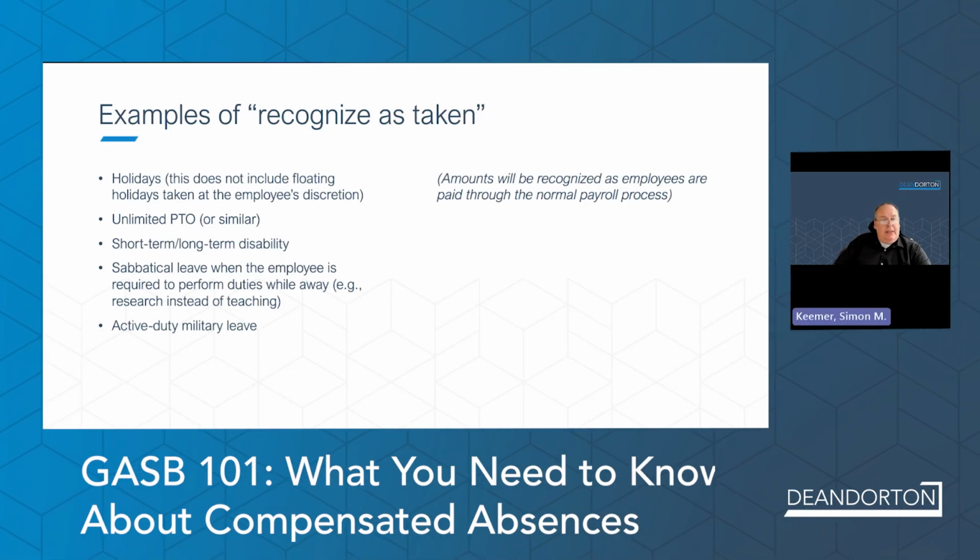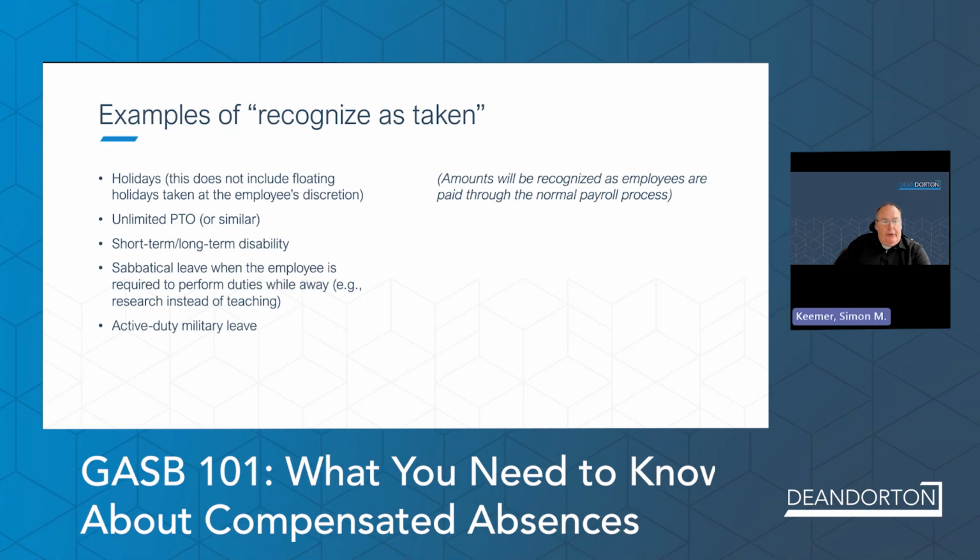The main ones under this category are holidays, but just be careful if you do have floating holidays that are taken at the employee's discretion. Those floating holidays would actually be under the first bucket, accrued as earned. They would not be considered holidays to recognize as taken under this bucket.